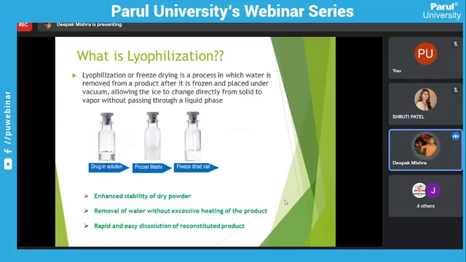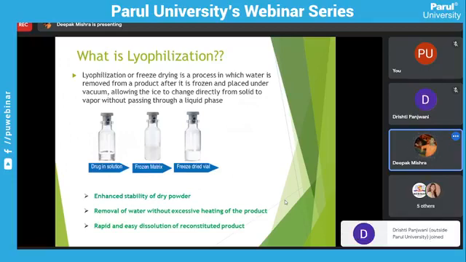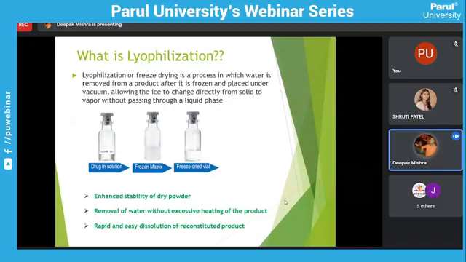Lyophilization is a three-step process. The first is freezing, the second is primary drying, and the third is secondary drying. We will discuss all the process steps and tools in the next few slides. What is lyophilization useful for in formulation development?